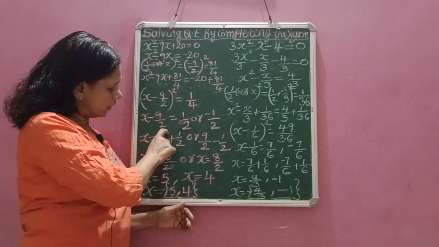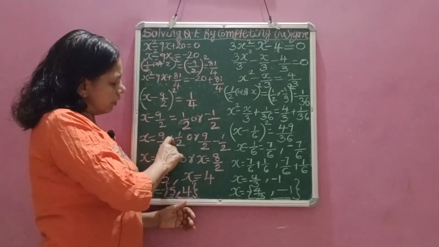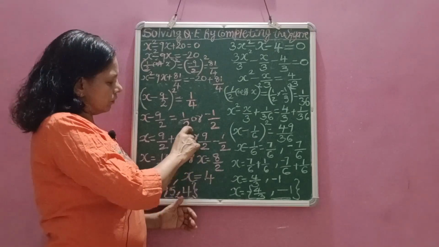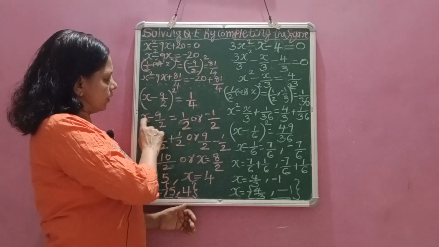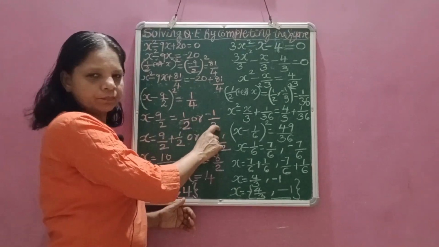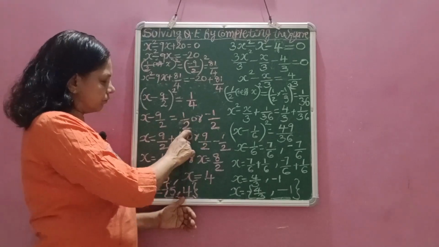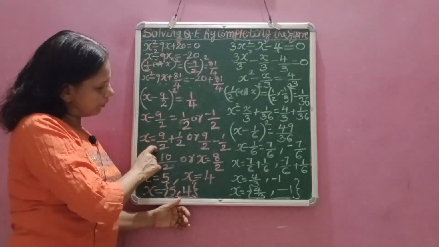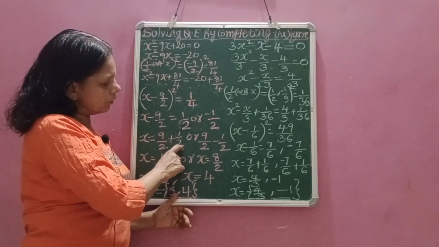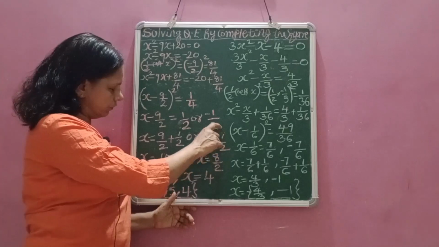So x minus 9 upon 2 equal to 1 upon 2 or minus 1 upon 2. Understood this step? Then what you have to do? x minus 9 upon 2 equal to 1 upon 2, or x minus 9 upon 2 equal to minus 1 upon 2.